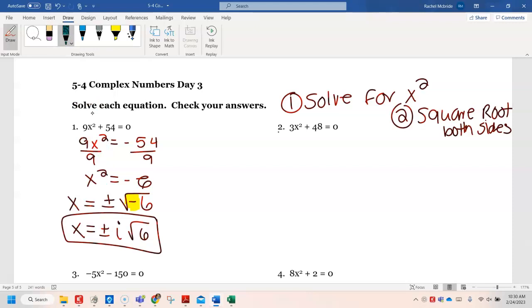Same idea, same concept, same steps in number 2. Solve for x squared. In order to do that, we're going to subtract 48 and then divide by 3.